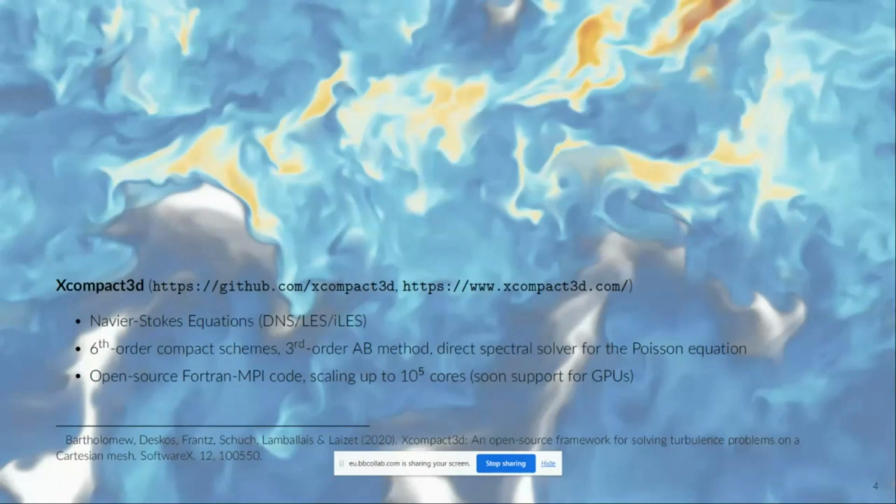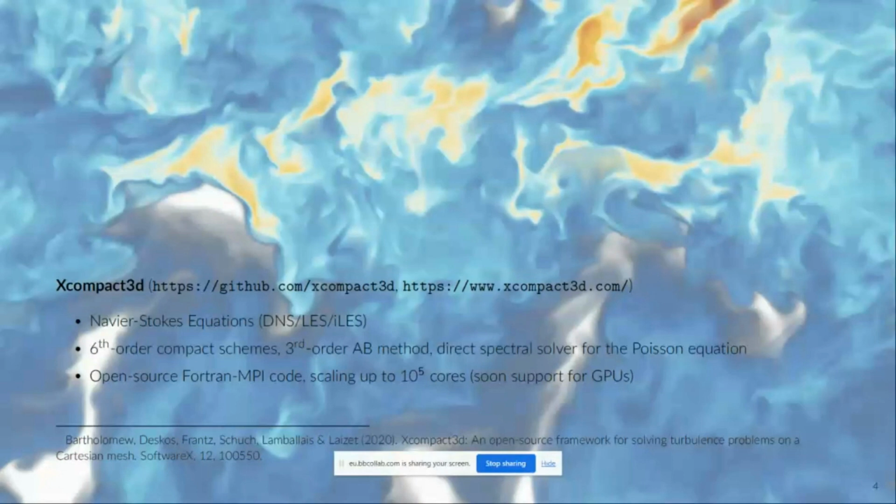Right, so what are we going to do about that? We're going to do some numerical simulations using a flow solver called XCompact 3D, which is open source and solves the Navier-Stokes equations that govern the flow of fluids.